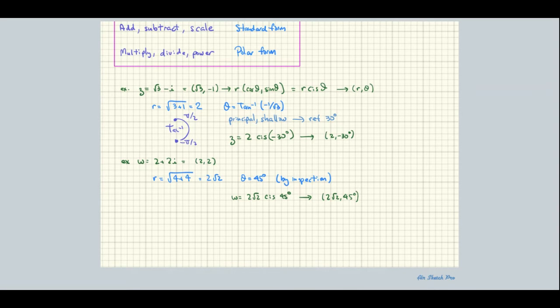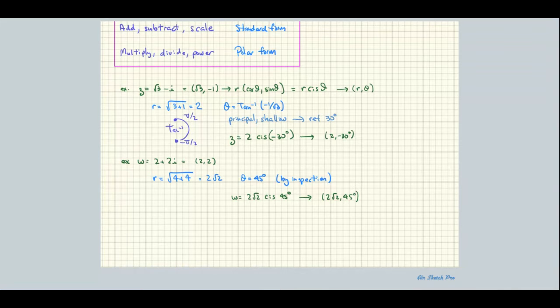So in that sense, we can change this to 2 cis negative 30 degrees, where cis is my shortening of cosine theta plus i sine theta. So it comes out as 2 cis negative 30, or 2 negative 30.